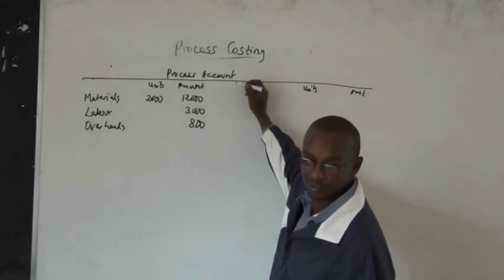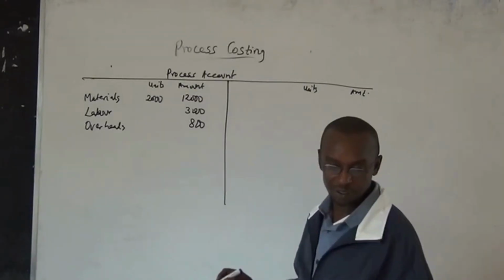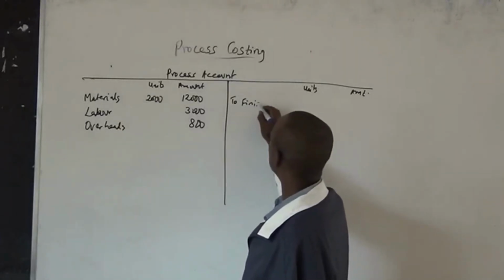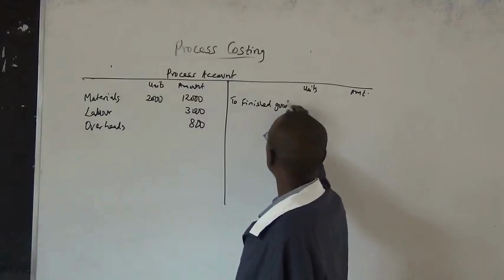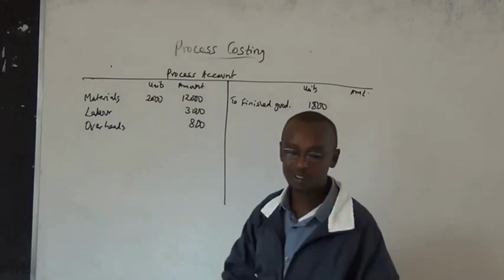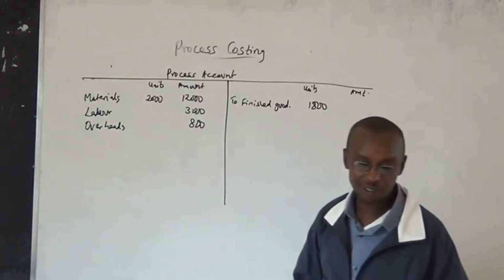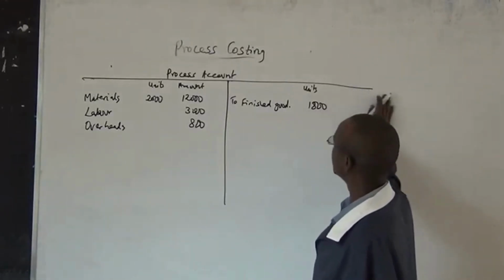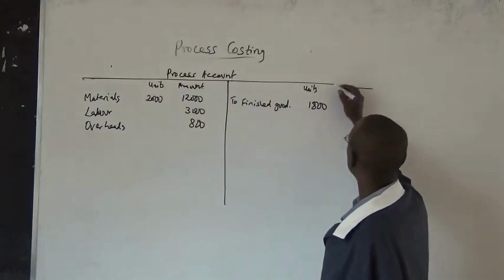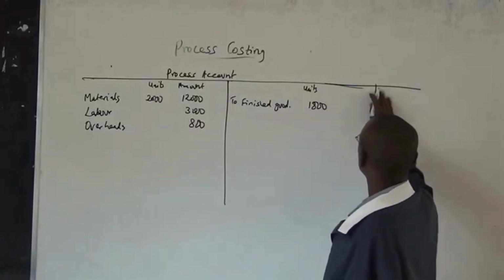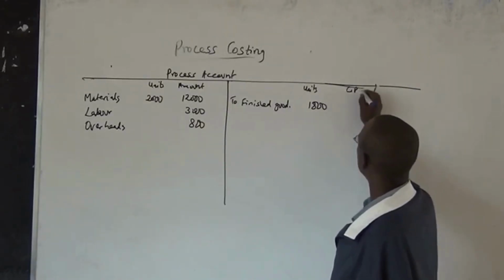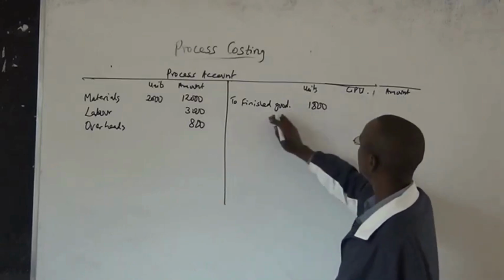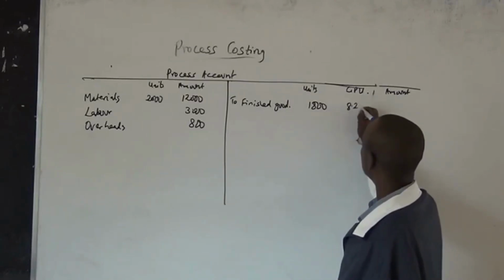On the other side, transferred to finished goods, we have 1,800 units, isn't it? At how much? That's why I was saying I needed 3 columns, even here: units, cost per unit, and amount. So these finished goods are at 8.27.